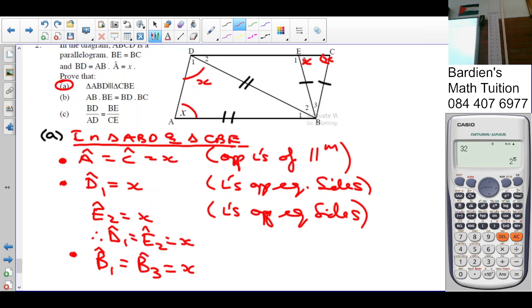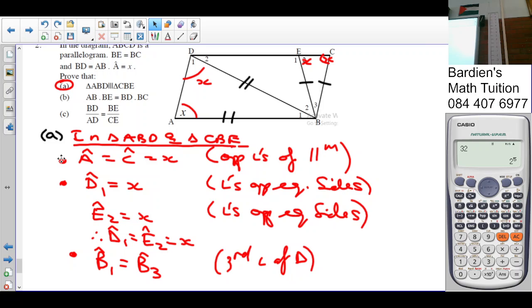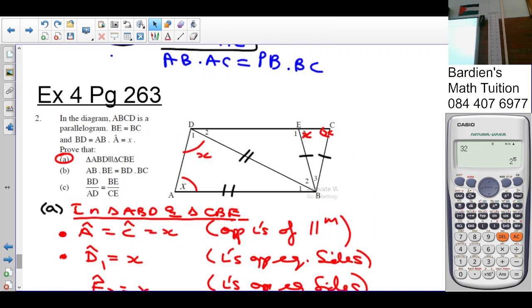And the reason? The third angle of a triangle. Is that enough information to conclude similarity? Absolutely. We have three angles. So what in conclusion can we say therefore? I've got to pull this down here.